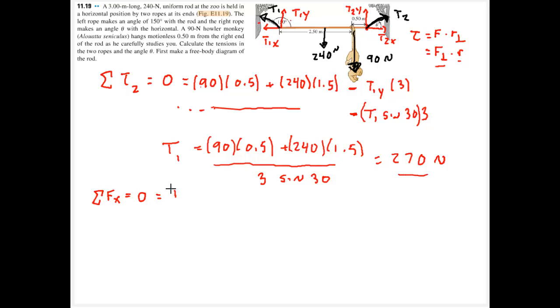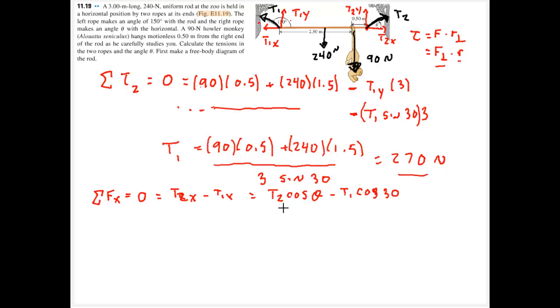So here I'm going to have tension 2 in the x direction, it's the positive direction, minus tension 1 in the x direction. I could also say that this is going to be tension 2 cosine of that angle that I don't know, minus tension 1 multiplied by cosine of 30.